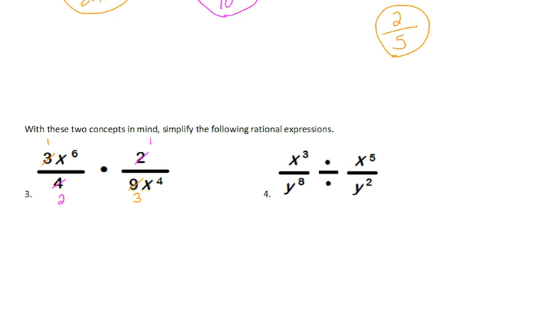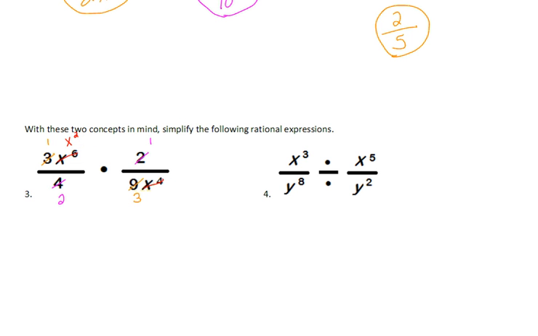Last step, I'm going to have to look at these exponents. And again, I'm not going to do the subtraction anymore. I'm going to kind of think that there were 6 in the numerator, 4 in the denominator. These 4 will cancel out, which means that there is 2 left over in the numerator, because 6 minus 4 is a positive 2.